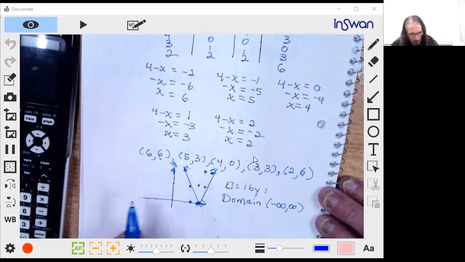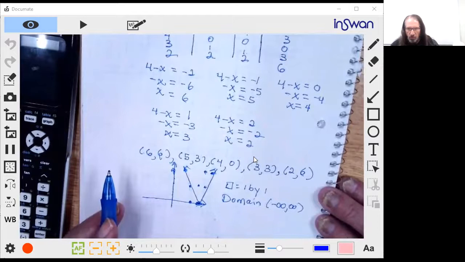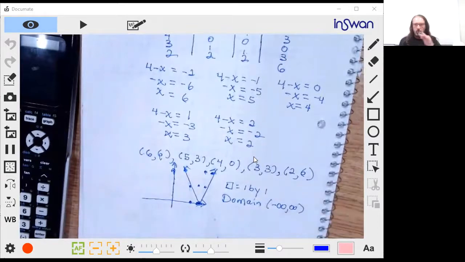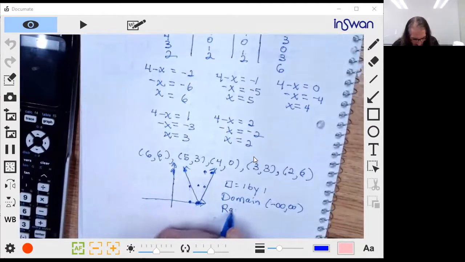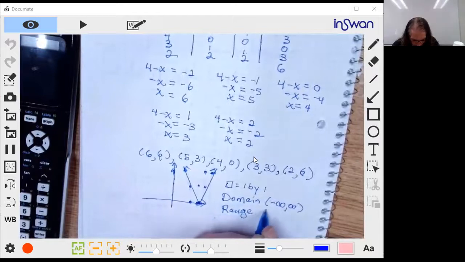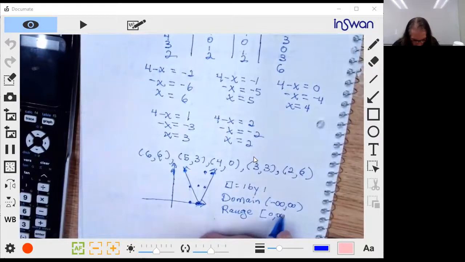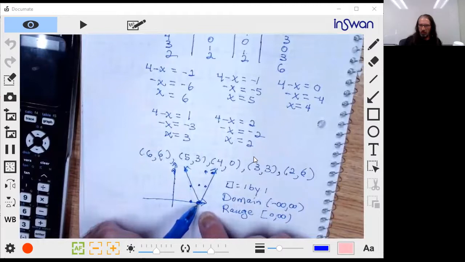The range of absolute value is starting at 0, including 0, and then going to infinity. Well, stretching that by a factor of 3, we're still going in the same direction. That's not changing either, as it would seem apparent from the graph.